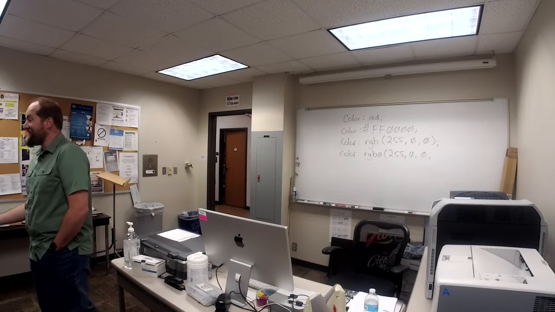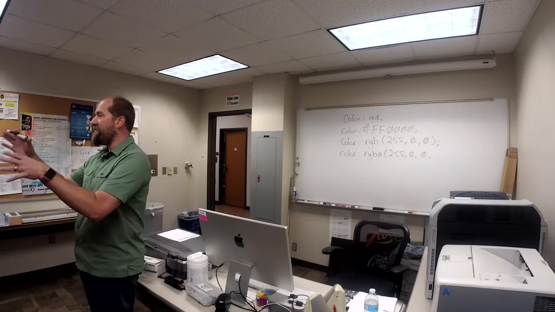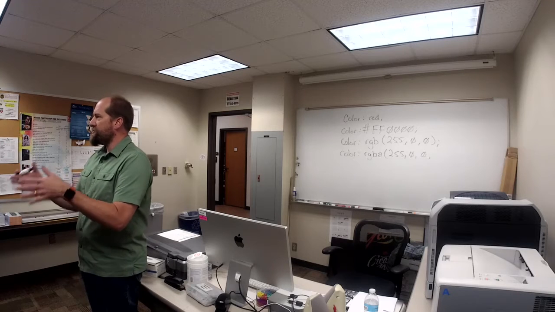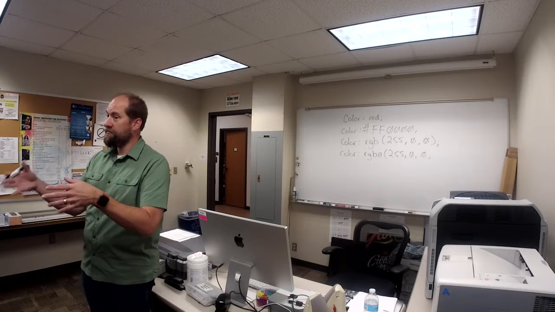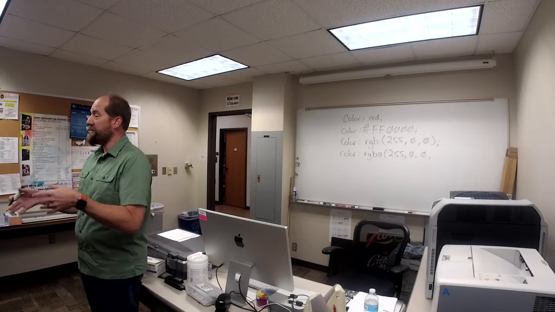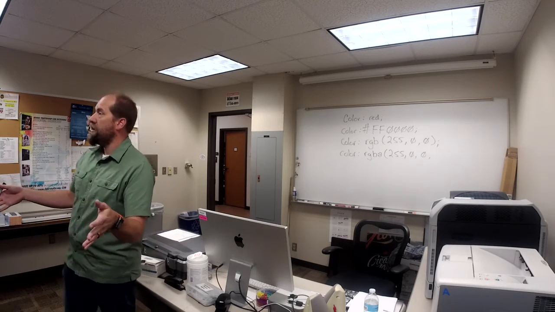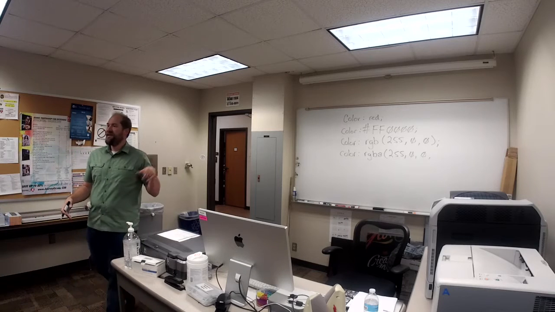So, because it is a decimal, remember if I have 85%, that is 0.85. Remember this from math? Okay, 60%, 0.60. 100% is just 1. So if I put a 1 there, that's a solid red.